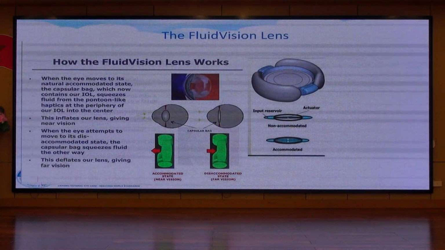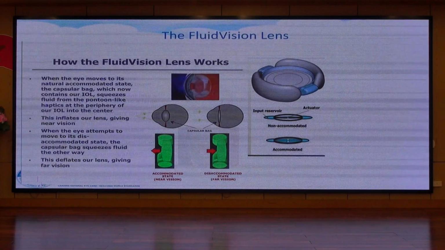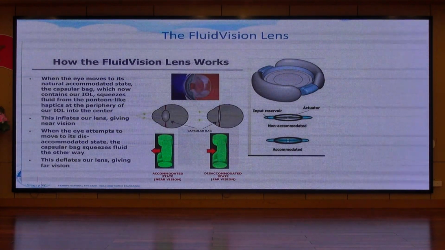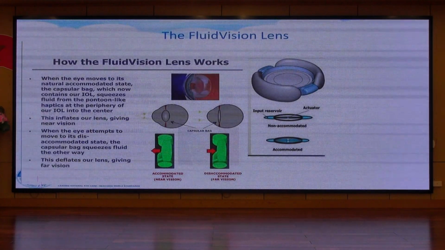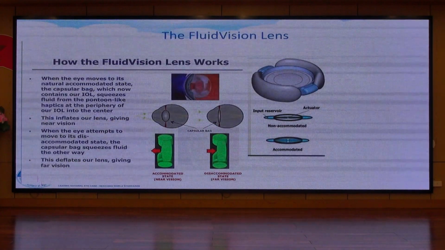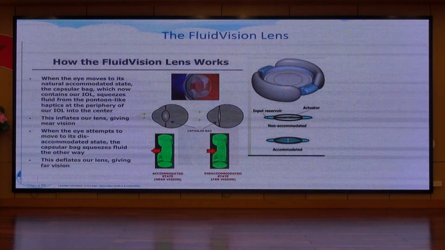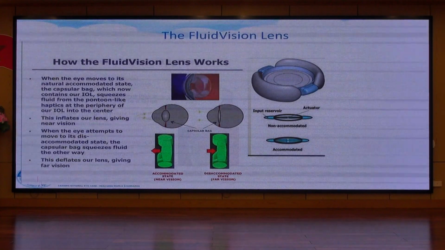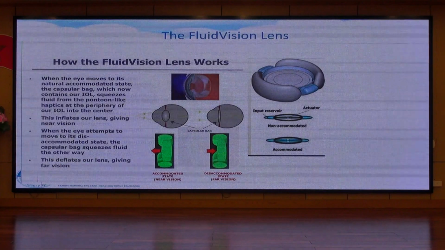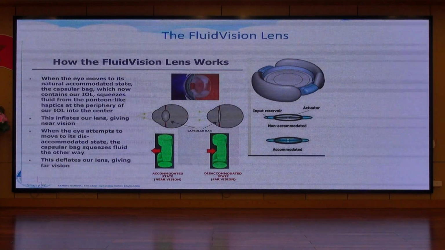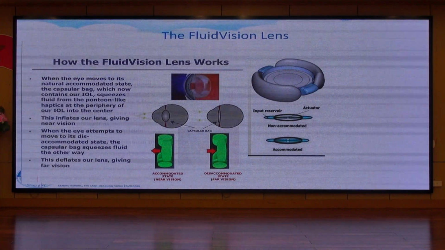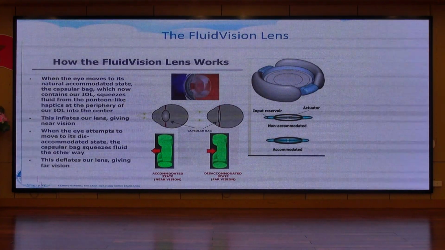And this is the working of the Fluid Vision lens. The Fluid Vision IOL is designed to change its shape and power through a series of microscopic hydraulic actuators that are indirectly controlled by contraction and relaxation of the ciliary muscle.